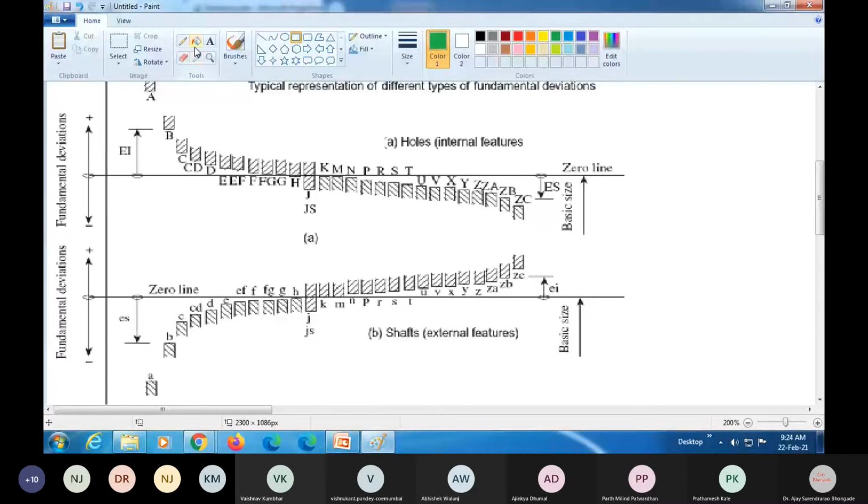So the fundamental deviation of H is what? What is the value of fundamental deviation for the hole H? 0. 0, right? So we know that it is on the 0 line, and the upper deviation is above the 0 line, right? That is the meaning there.